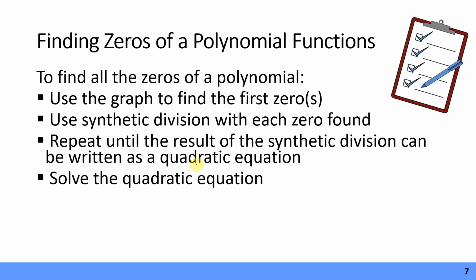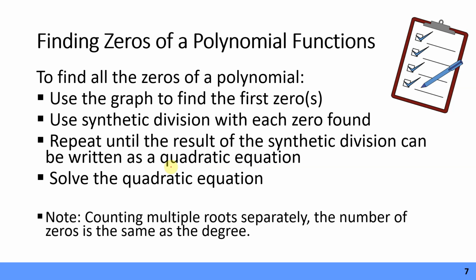Step four, once we end up with a quadratic equation, and if you don't remember what a quadratic equation is, it's a polynomial with a degree of 2. So you're going to be working on the problem and breaking it down until you have a polynomial with a degree of 2. Once it's a quadratic equation, we're just going to solve it. Now, please make sure you note this down.